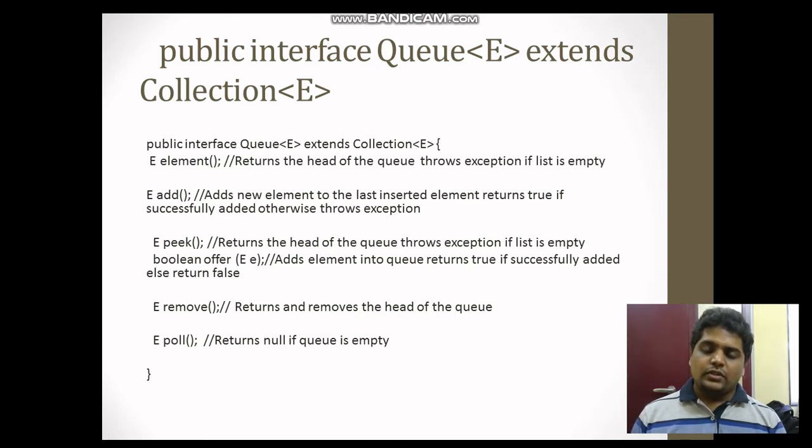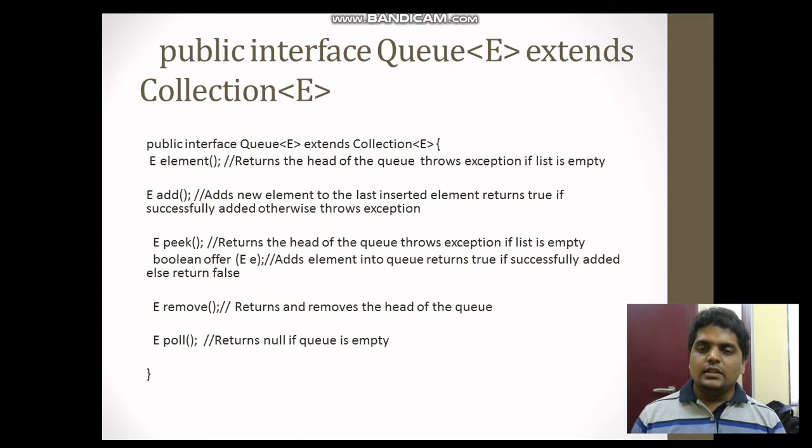The advantage of picking offer is that it doesn't throw an exception, it only returns false if the element is not successfully added. Also we have peek, which returns the head of the queue, and throws an exception if the queue is empty. Also we have remove, which removes the head of the queue, and poll returns null if the queue is empty.